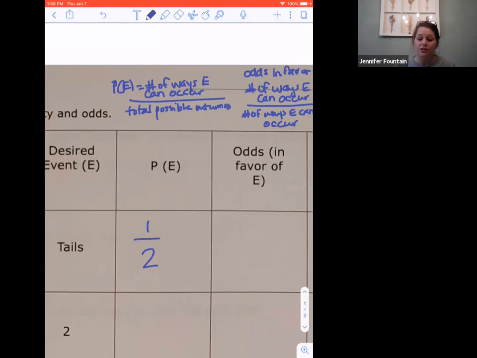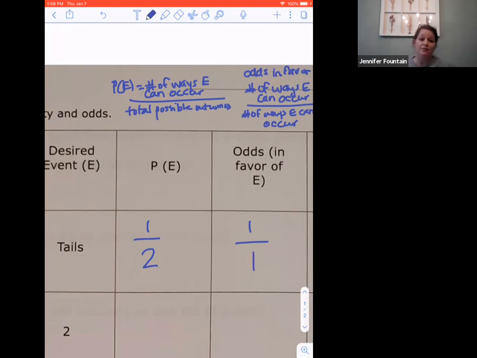So now we've got to look at what are the odds in favor of this happening. Again, the number of chances that it could occur is still 1, but now I have to subtract that chance of it occurring from my total amount. And 2 minus 1 is 1.